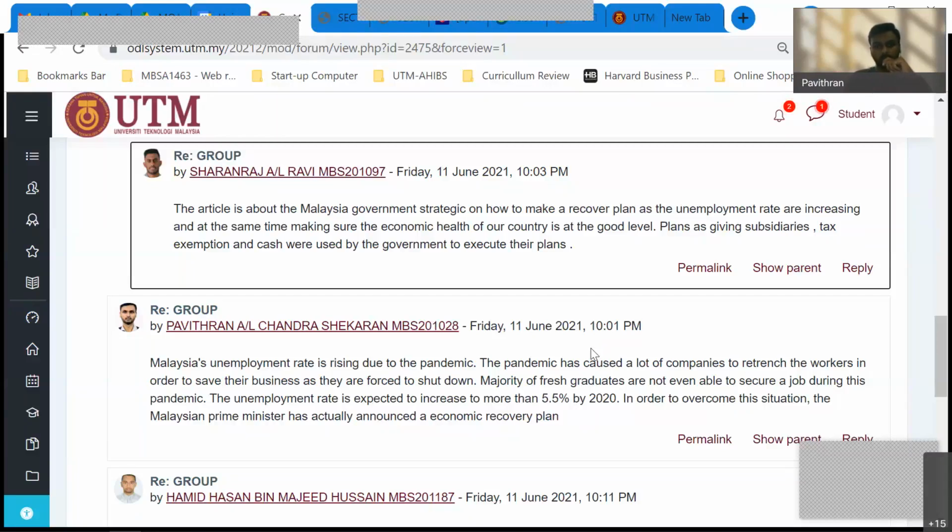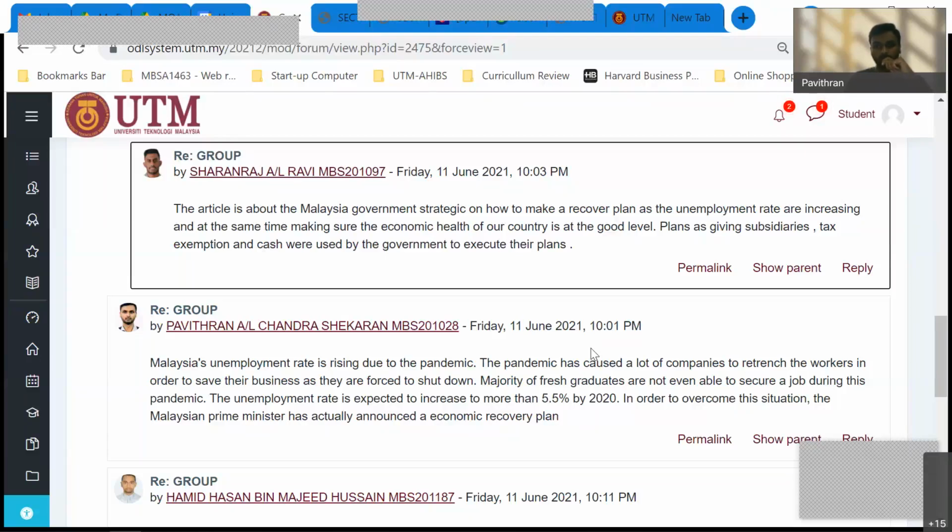The unemployment rate is expected to increase to more than 5.5% by 2020. I think in 2021 it's more than that. This is giving a huge impact to the national income as well, because when the unemployment rate is increasing, the national income will go down. This will eventually lead to inflation.